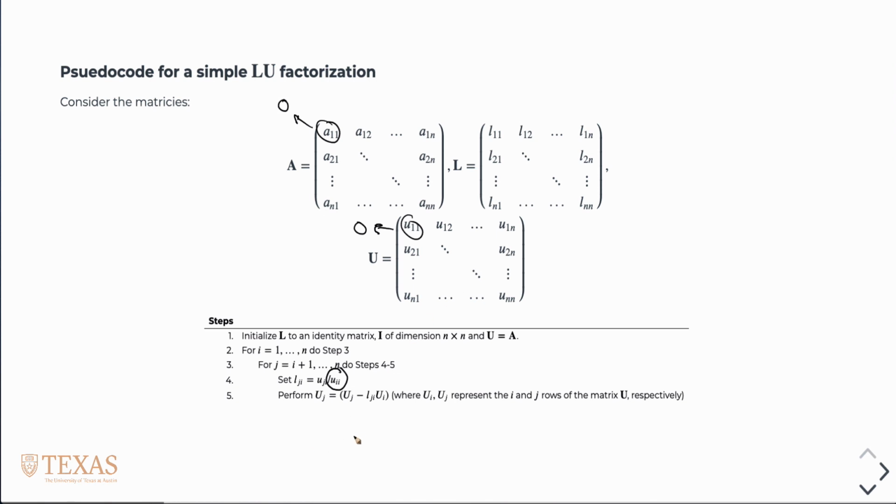So we can make the algorithm more robust by simply keeping track or performing permutations of rows of the matrix such that there's never a diagonal entry of 0.